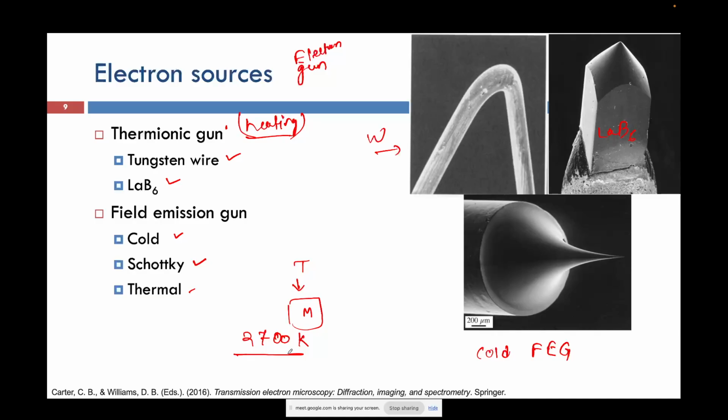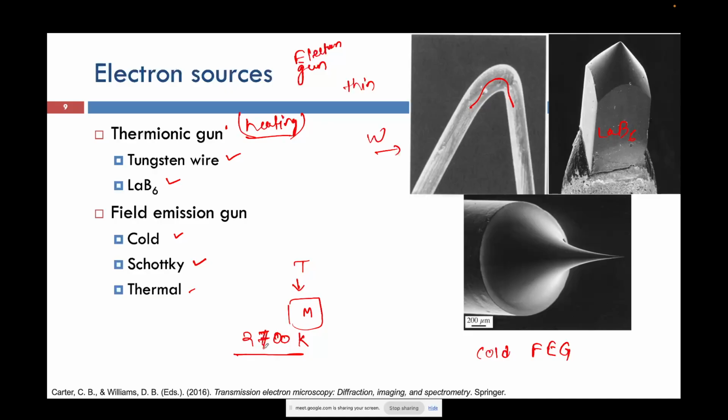As well, here you see this is a hairpin kind of structure. Why a hairpin kind of structure? Because if you take a very thin material, then there is a high probability that even after applying a temperature of 2700 or 2800 Kelvin, the electrons will easily start coming out. If you take a very thick material, electrons will come out, but not in the large quantity you would have expected.